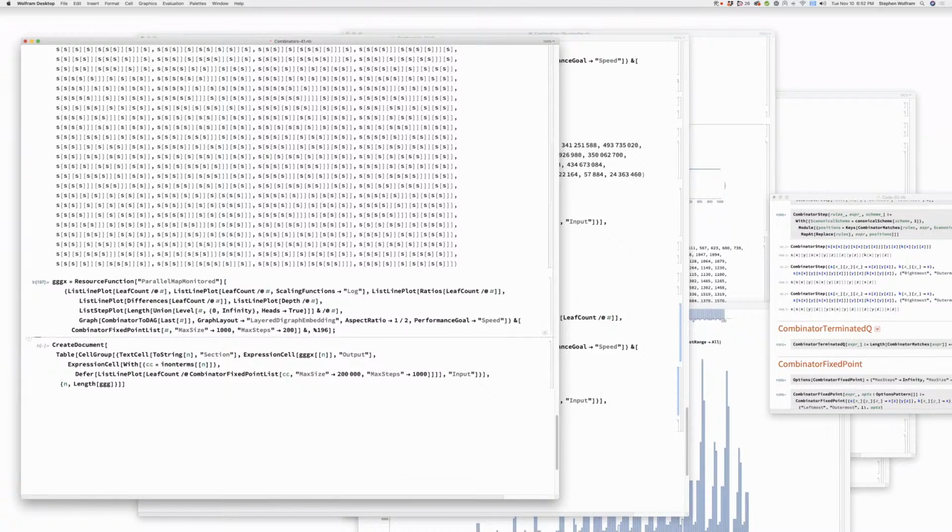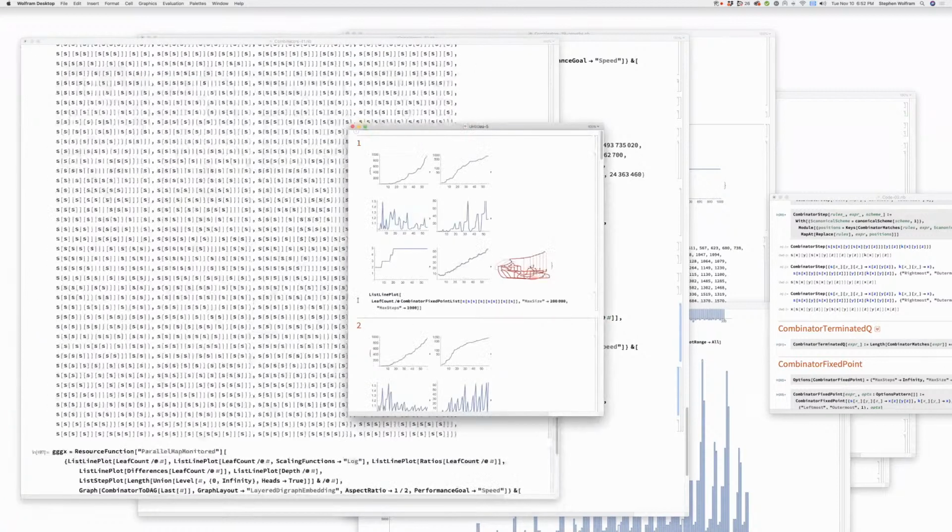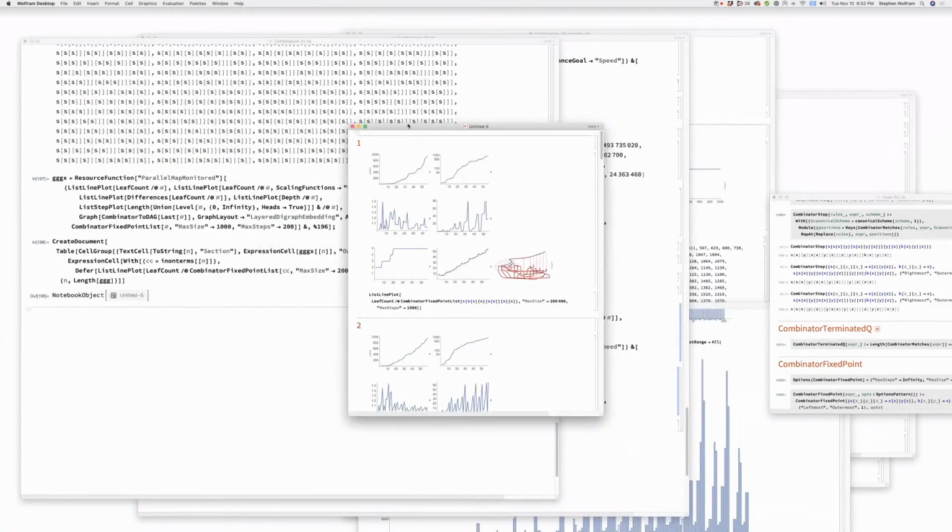Huh, why is this so slow? Oh, I just ran. Okay, fine. Okay. Seems to be taking a while to render this. Okay. So this is for the size 9 ones.